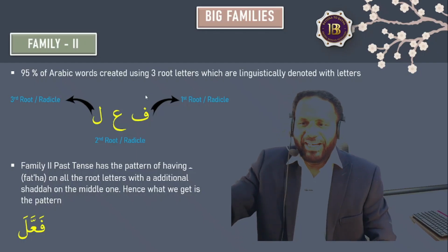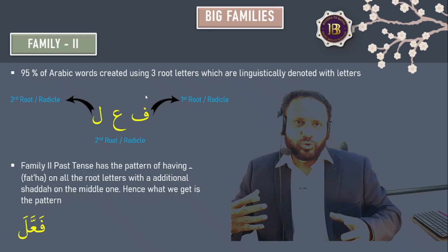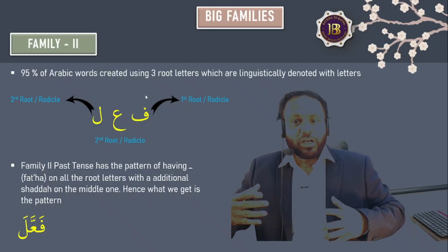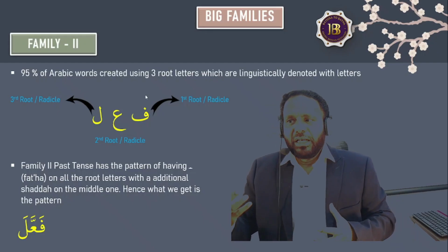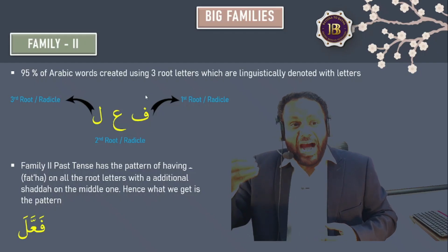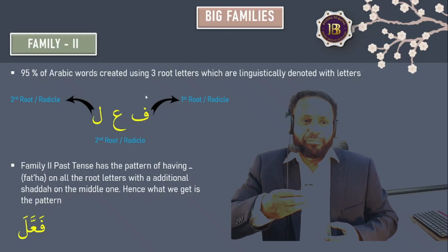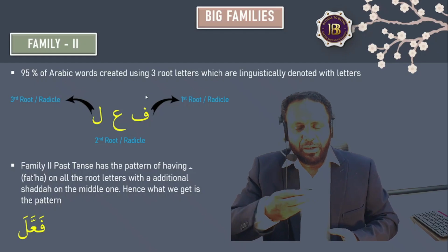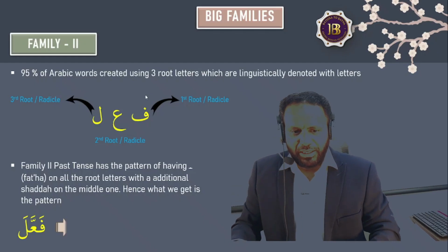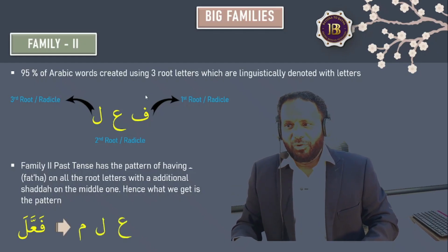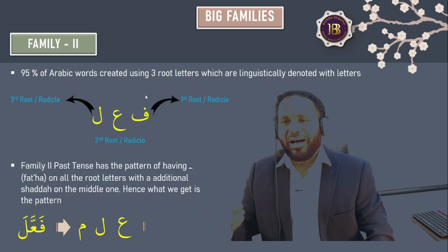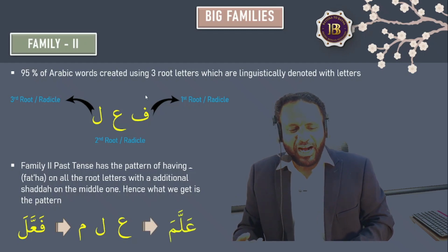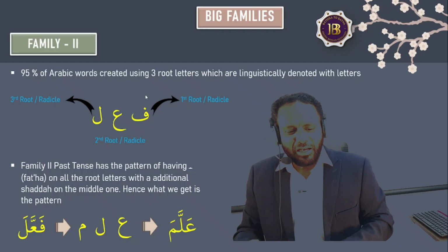So if I take this fa''ala pattern and try to use it with one of the members, we will replace the fa, ain, lam with ain, lam, mim. Like this. Okay. What do you get? Allama. See, you people already started speaking SARF. Allama.